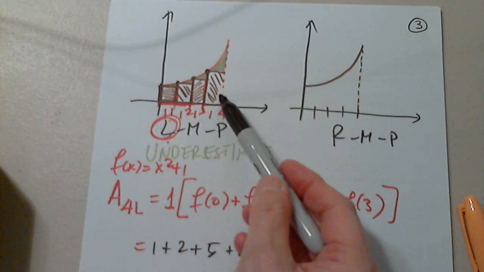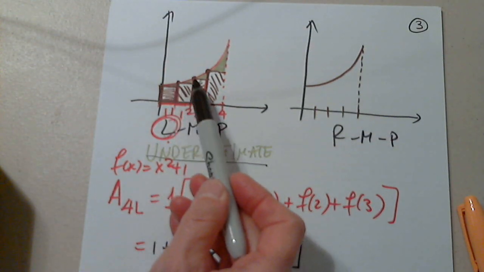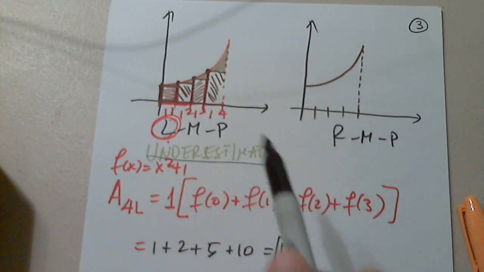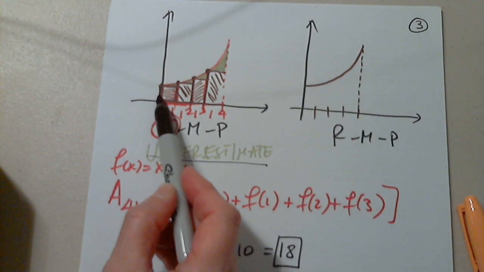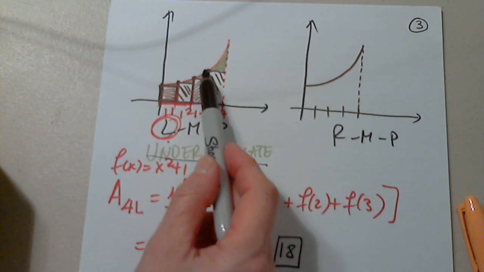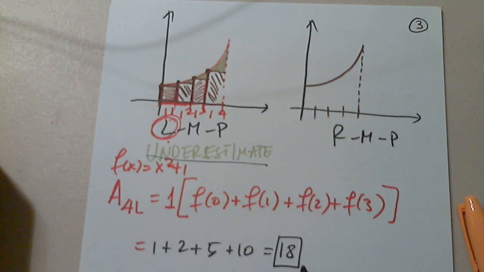The area under this graph, which is an underestimate, since I'm missing these 4 pieces, is 18. So using 4 subintervals, using the height of the leftmost point of each rectangle, we get 18.